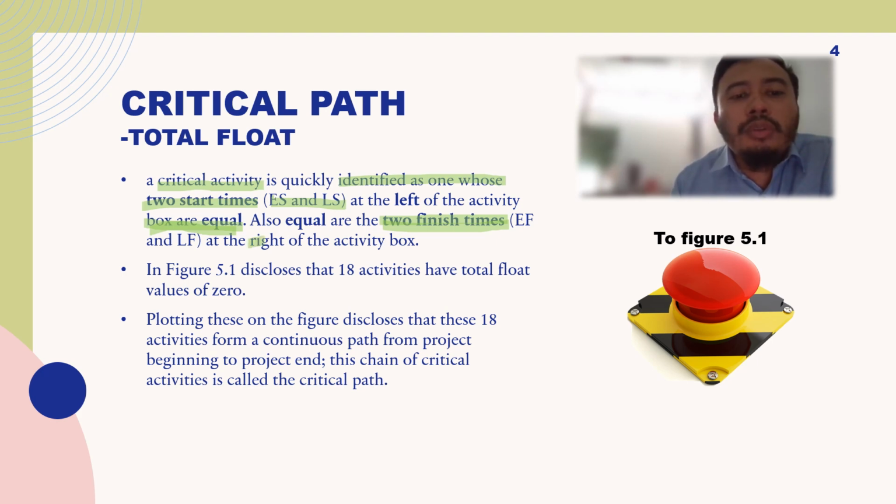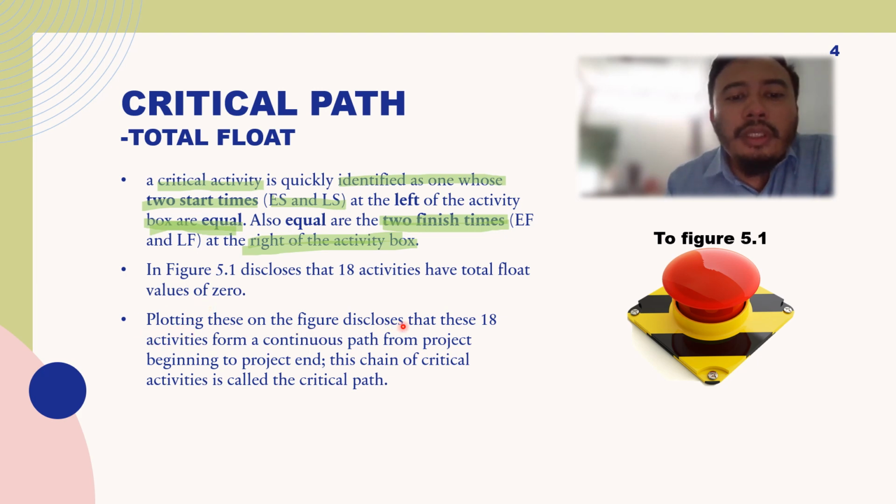Figure 5.1 discloses the 18 activities. As you can highlight yourself, you can review all the 18 activities which have zero total float.